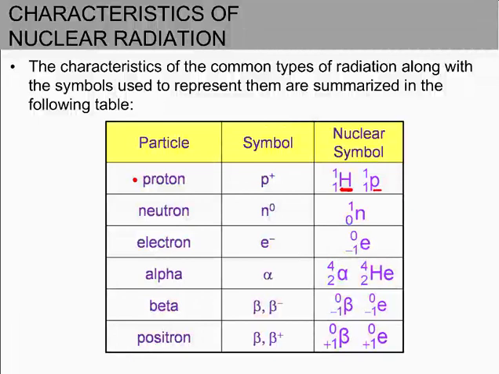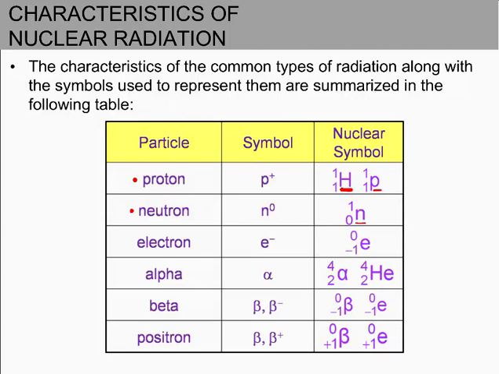And again, that's just because we only have one proton, so the mass is 1, and again, the atomic number, or the number of protons, is 1. And then neutrons, we said we could use the symbol N0. But in isotopic form, we could write the symbol N. And remember, neutrons do have mass, so the mass number at the top left is 1.